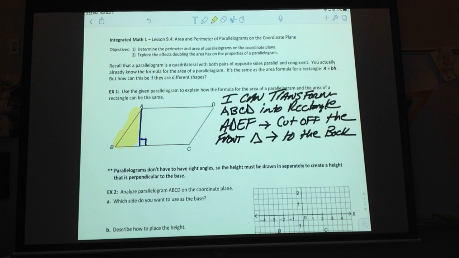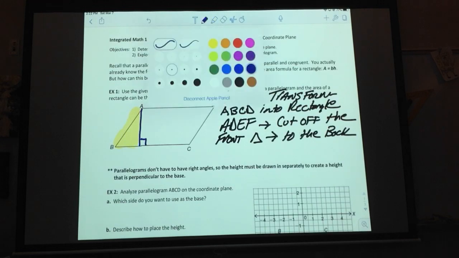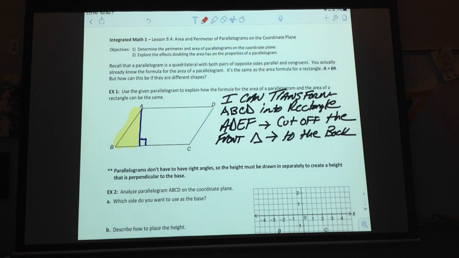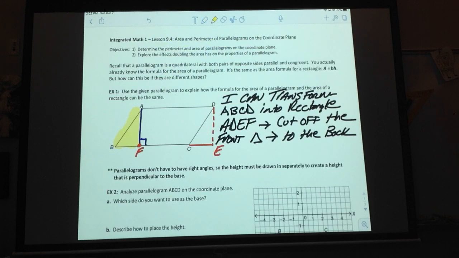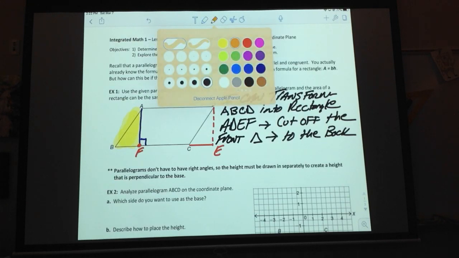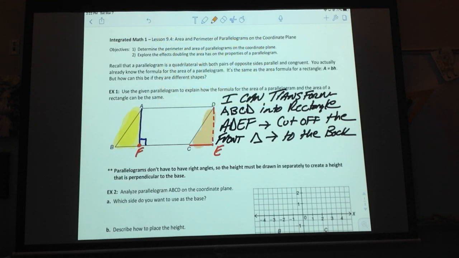Now, I'm going to relocate it to the back, which means I'm going to come out of the vertex back here, and I'm going to bring it straight down. And in essence, if I connect C all the way out to here, so I make this my E, and this my F, I am now taking what I had in yellow, this front triangle, and I'm going to put it on the back side, the exact same right triangle.